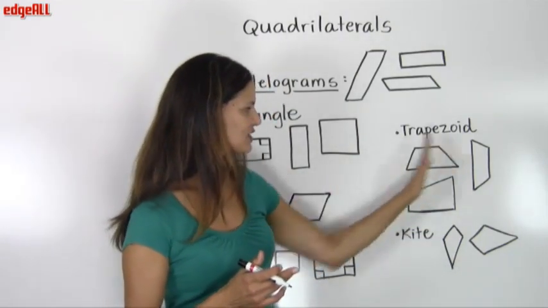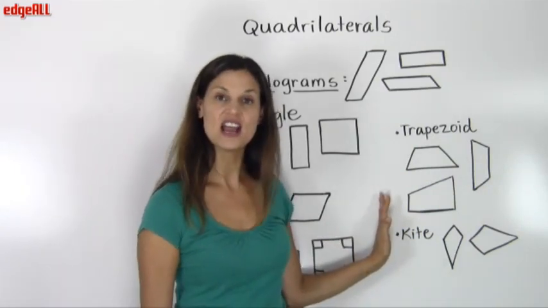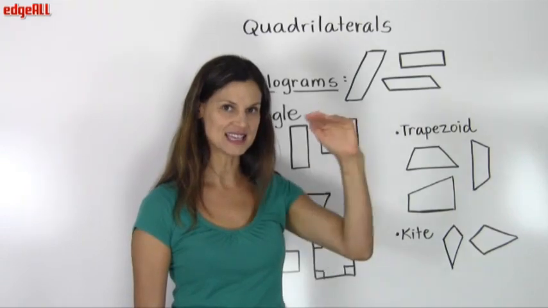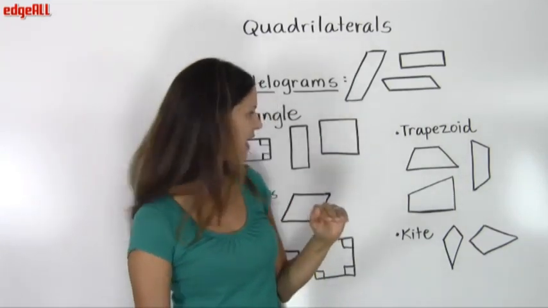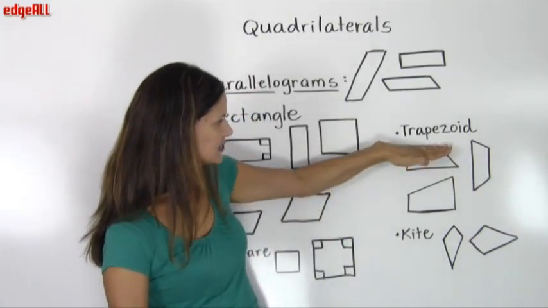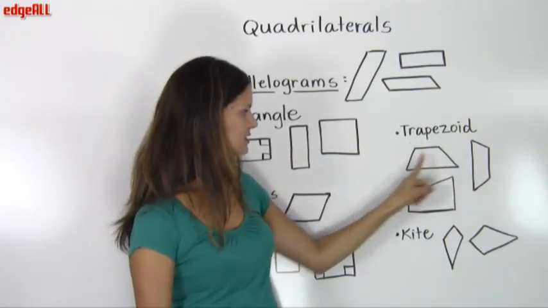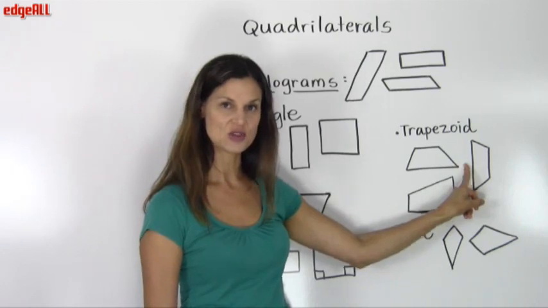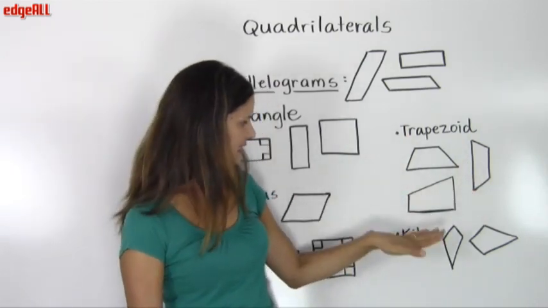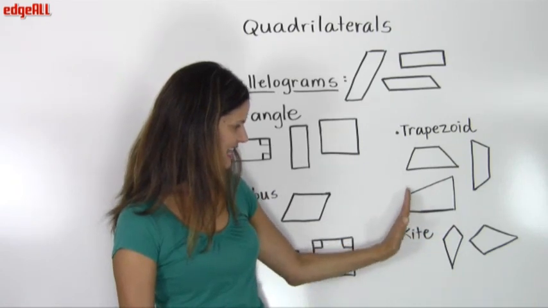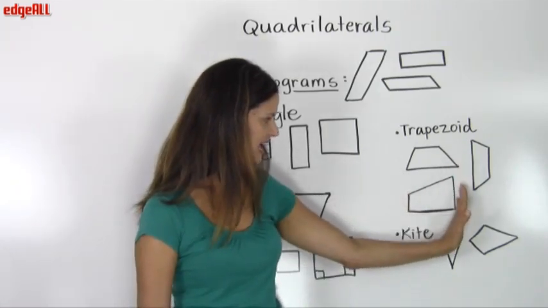So in these 3 trapezoids that I have drawn here, you can see that there is 1 set of sides across from one another which are parallel. This one is parallel to this one. However, this is not parallel to this. So there's just one set of parallel sides. Similarly, on this figure, this line here is parallel to this line here.